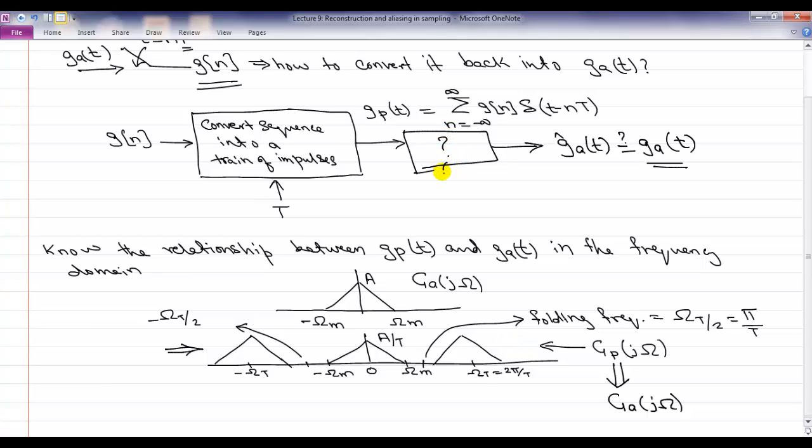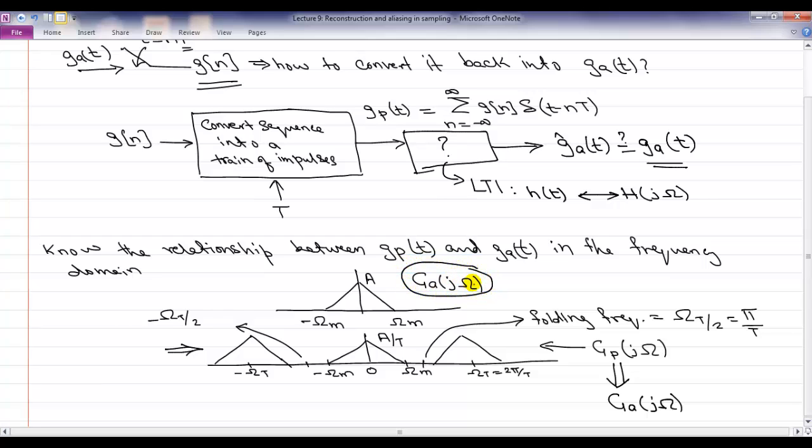So this black box actually needs to be an LTI system, and this means that it has an impulse response and it has a frequency response. This filter is a continuous time filter, because Gp(t) is a continuous time signal. Now, you look at this Ga(j omega). You want to extract this Ga(j omega) from this Fourier transform. How do you do that?